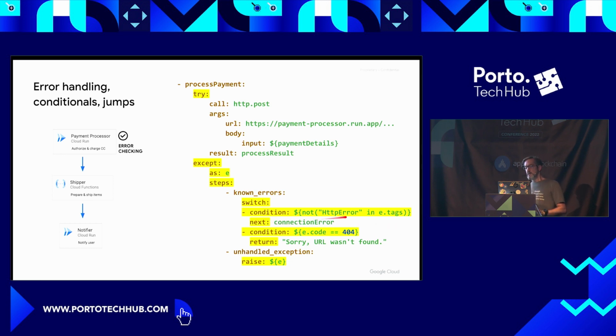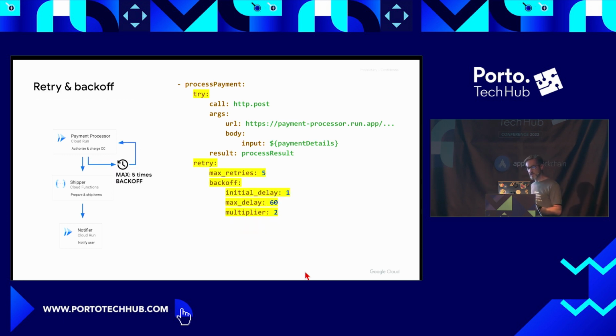And depending on, is it an HTTP error, is it a 404, something wasn't found, then I can go into different directions. So for example, there's a next instruction that tells me, it's a bit like a go-to, to say, go to the connection error step. Or I can also say, well, sorry, I have to return now because I can't do anything beyond that point. And if really none of the errors are handled, there's always the case of failing the workflow execution and raising the exception that was met and reporting that back in the UI and on the command line, etc.